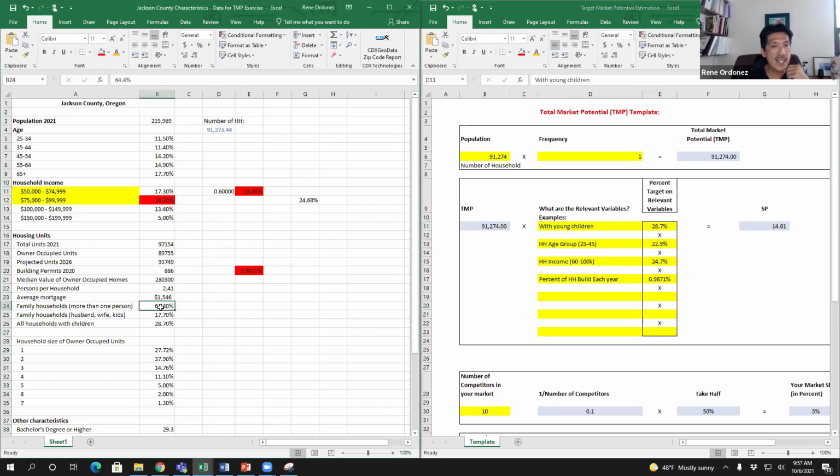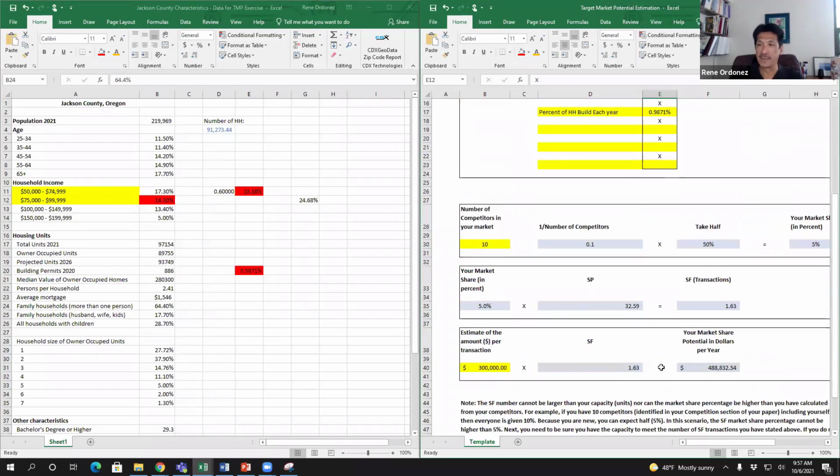Yeah, you can use that. So just say family households. And now instead of just 29%, this would be 64%. Now even with 10 competitors in the market, you now have like 2 projects per year.